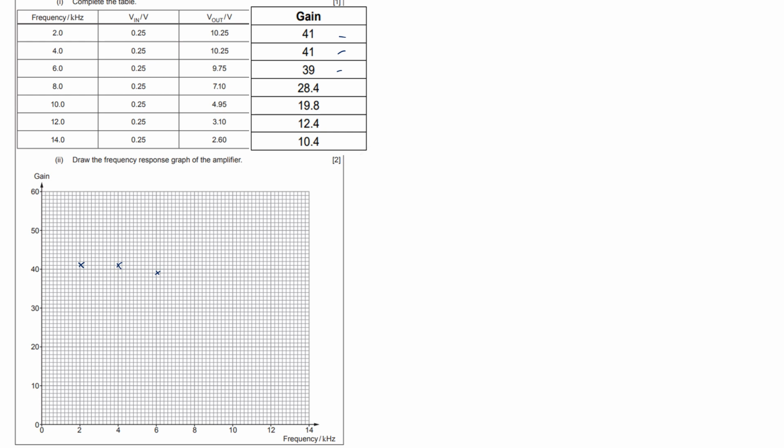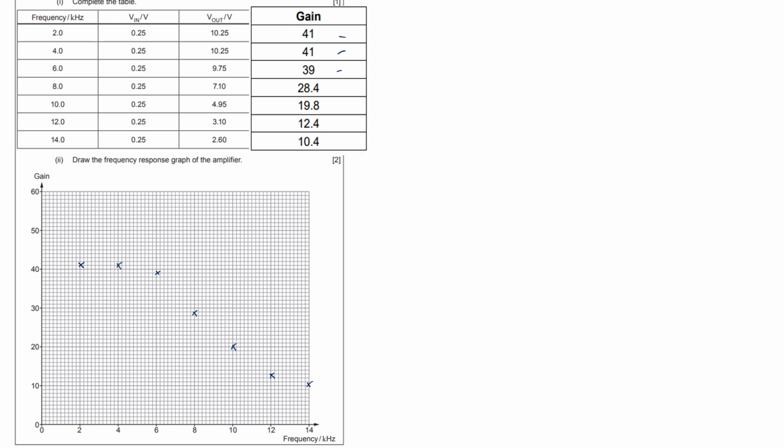There's 30. There's 28.4. 10 is 19.8, so 10 is about 20-ish. 12 is 12.4. And then 14 is 10.4.